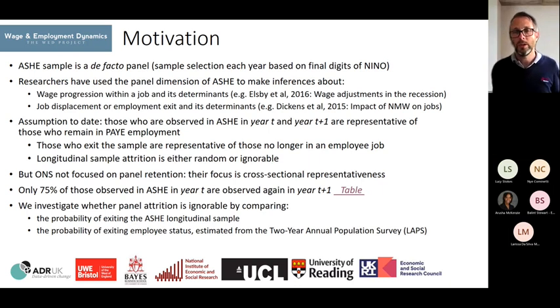So essentially what we're trying to do here is get a benchmark estimate of what kind of share of people typically move from PAYE employment to non-employment in a year, compare that rate with what we see in ASHE, and also compare the characteristics across those two data sets to see whether the rate of exit from ASHE is anywhere near the rate at which people exit employee status, and whether the kind of people who disappear from ASHE are the kinds of people who tend to exit employee status.